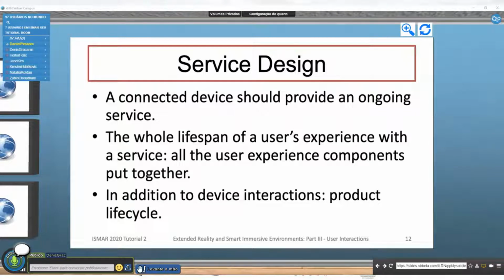Those services also evolve over time and are getting refined or changed. So therefore, we need to look at the overall product life cycle that includes not only the actual device, but also everything else that goes with that, and as I already mentioned, how those services change over time.